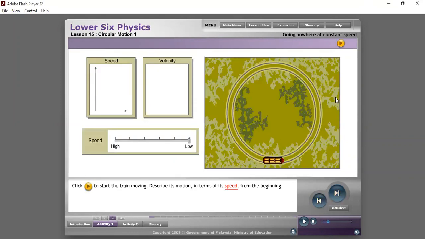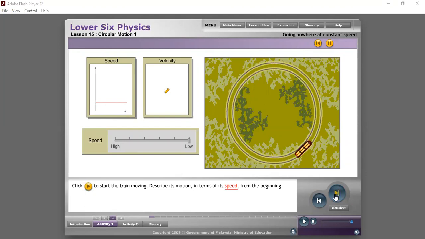Click play to start the train moving. Describe its motion in terms of its speed from the beginning. We notice that the train moves at a constant speed, but the velocity always changes.